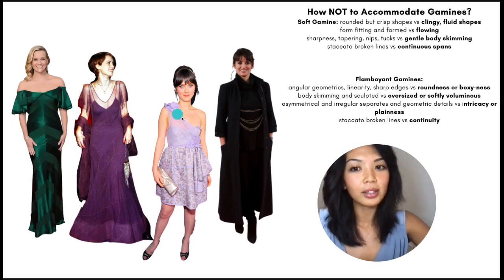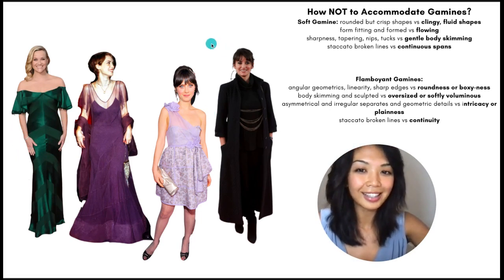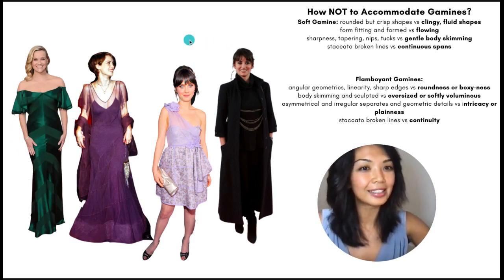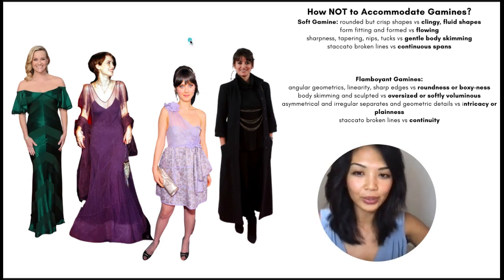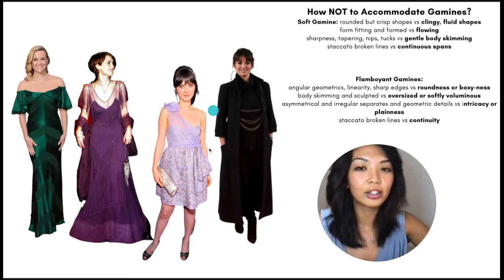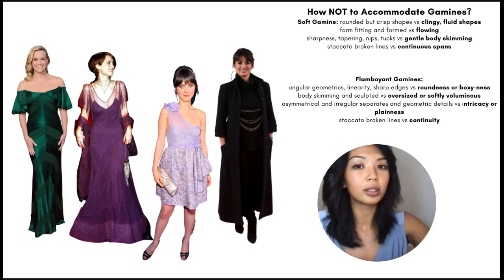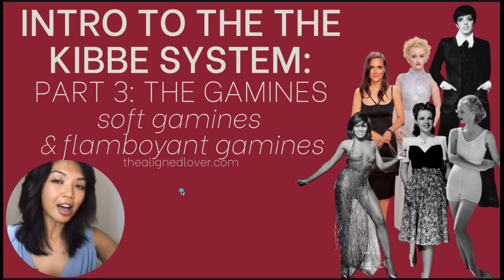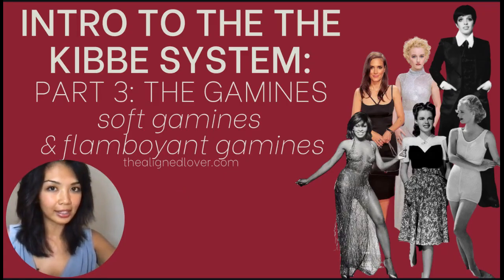You're going to put Zoe in something very thin and perky and softly voluminous with no sleekness, no elongation, no angularity. And you're going to put Penelope in something very boxy and wide and continuous with no sense of body skimming, just totally obscuring.